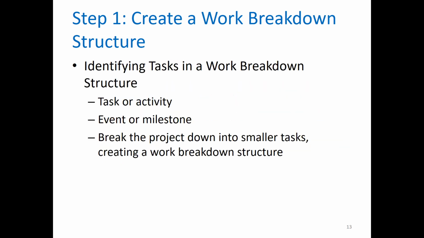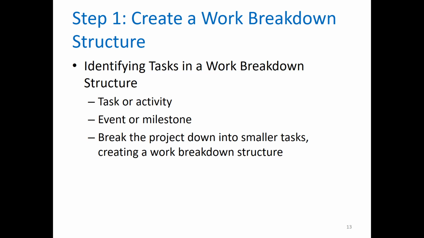Moving on. Identifying tasks in a work breakdown structure. So we have a task or activity. A task or an activity is any work that has a beginning and an end and requires the use of company resources such as people, time, or money. Event or milestone.